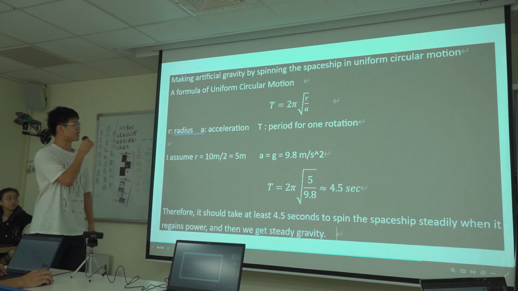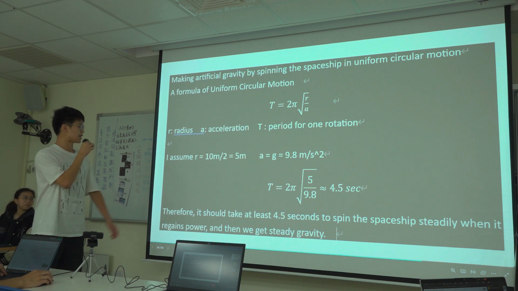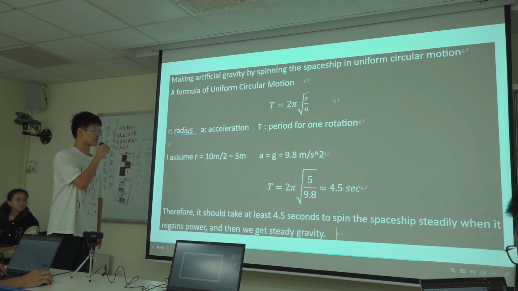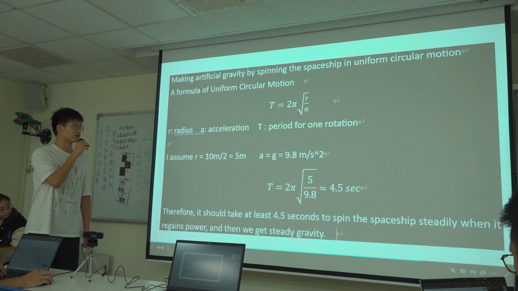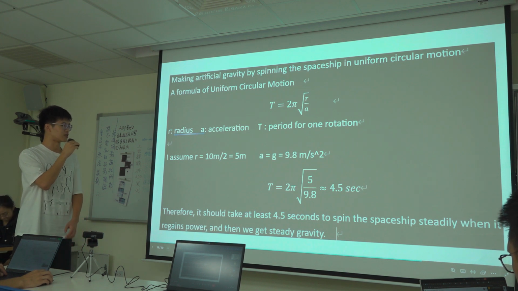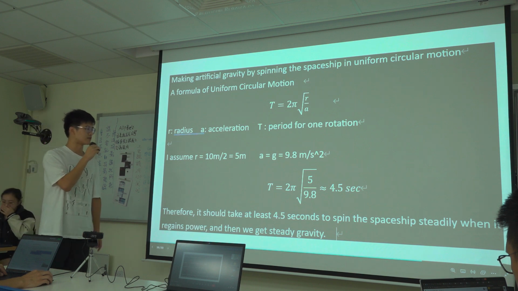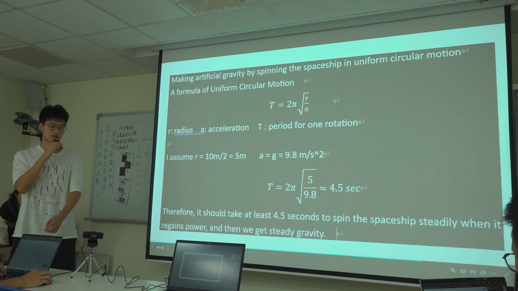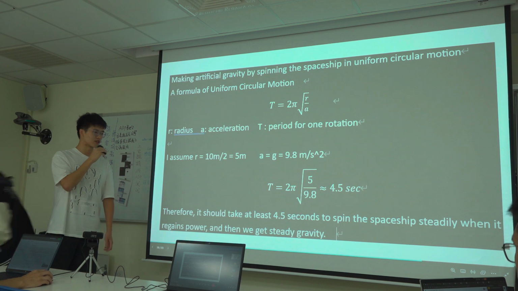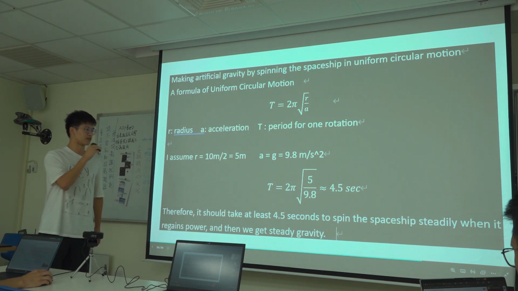I assume that the diameter of the spaceship is 10 meters, so the radius is 5 meters. And because we want to produce gravity, the acceleration we use is 9.8 meters per second squared. So we just plug all the numbers into the equation.